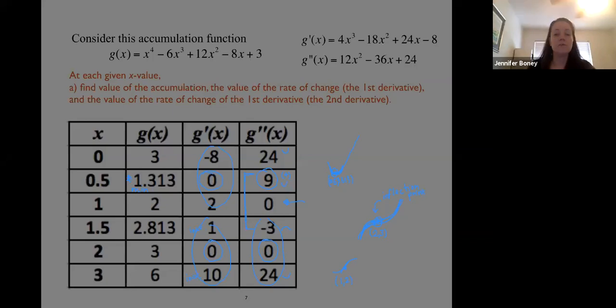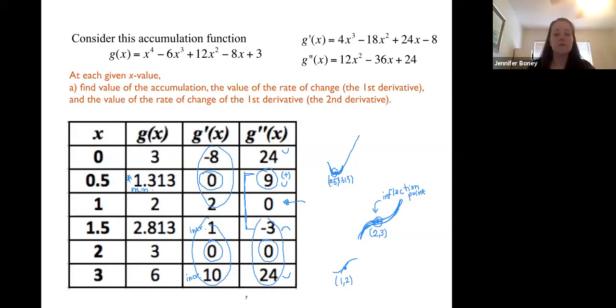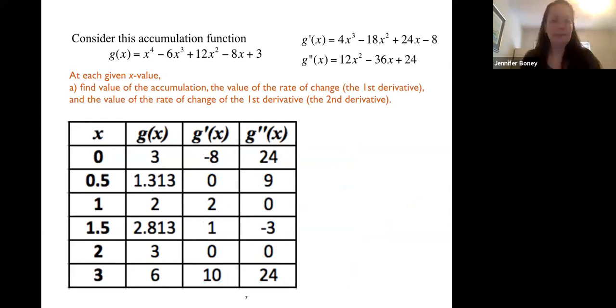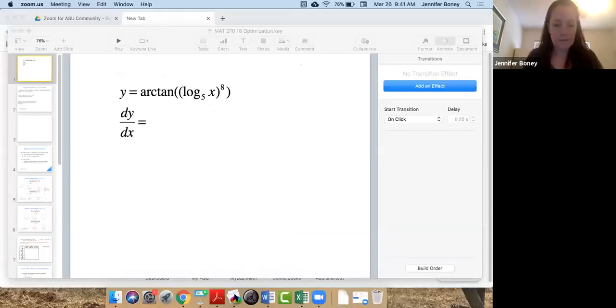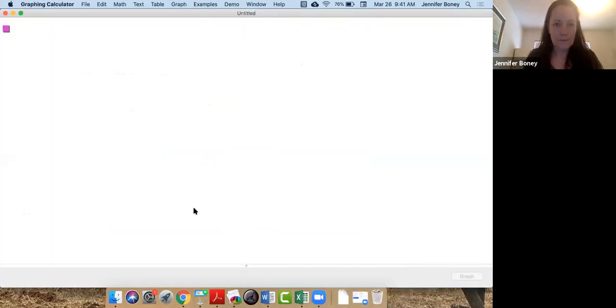Well, let me see if I can put this in GC really fast. I didn't do this in advance, I apologize. But let's see. Share something else instead. All right, so in GC, let's see, there we go.